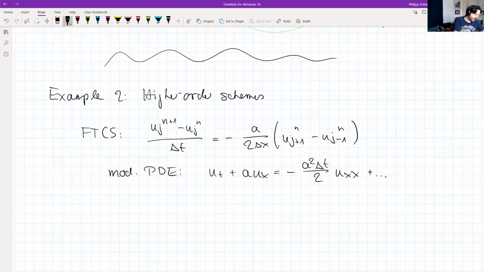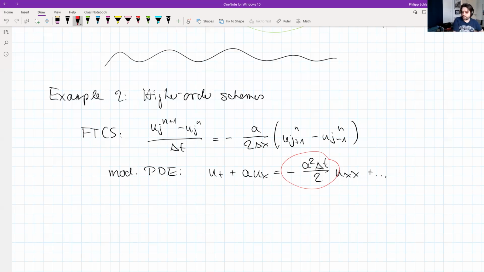Now, what you directly see here is that this diffusion coefficient, so the numerical viscosity, is clearly a negative number. I mean, it's minus a squared times delta t divided by 2. A squared is clearly positive, delta t is positive, we have a positive time step.